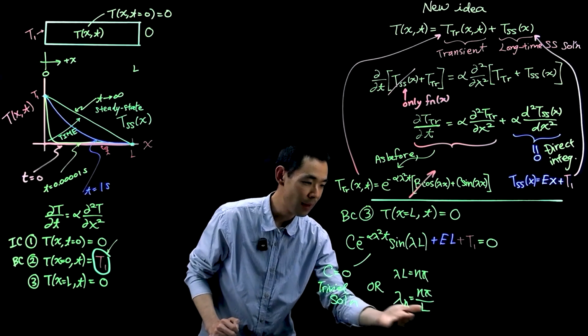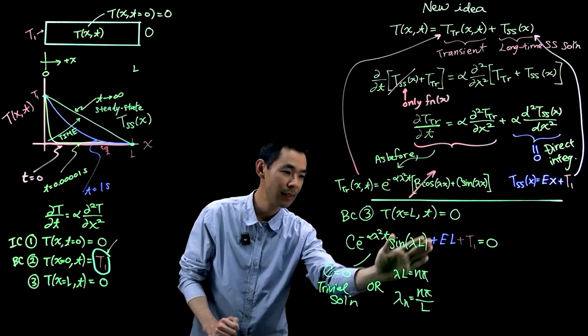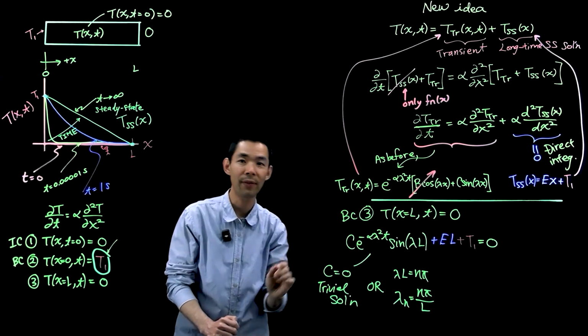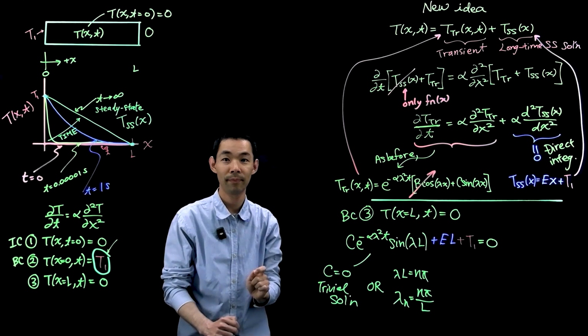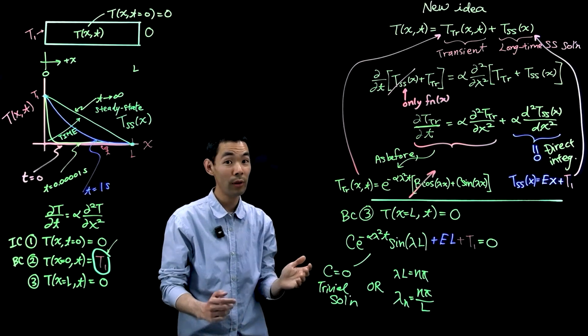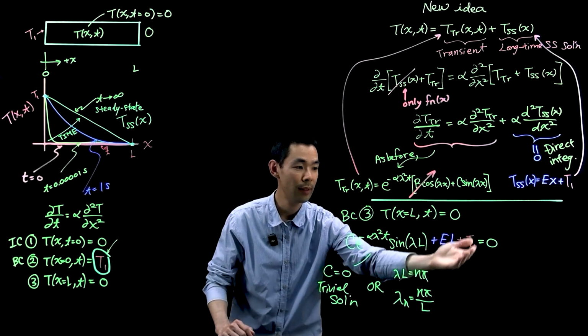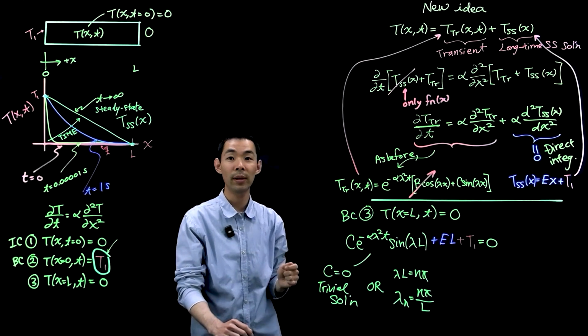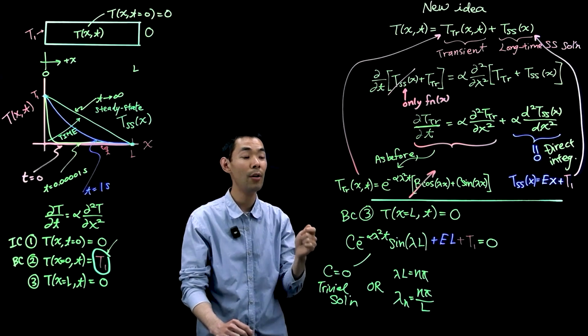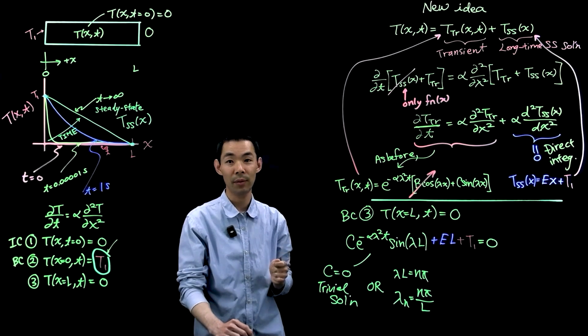If these values are satisfied, then this entire first term on the left completely goes away, right? So now all we're left with is the term in the middle, EL plus T1 is equal to 0.